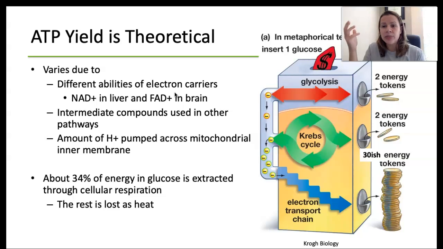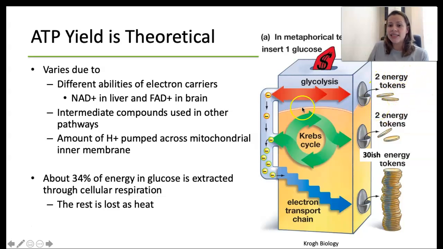If you only get a little bit of hydrogen ions pumped across the membrane, you're not going to get as many going back through that ATP synthase to generate ATP. So that's why, if you look at a bunch of different websites or videos, you're going to see different amounts of ATP listed for that last step, because it's theoretical. It depends on the day, it depends on the conditions.